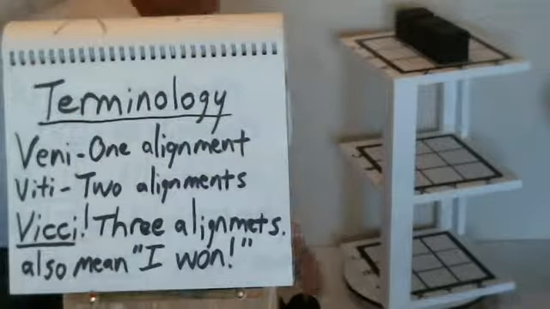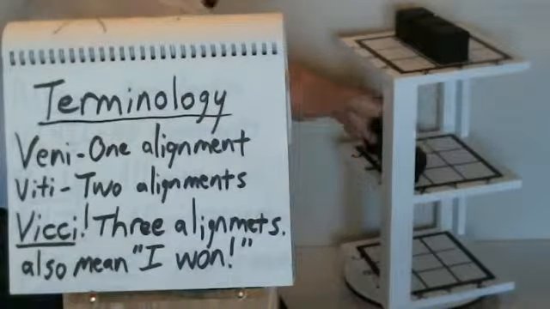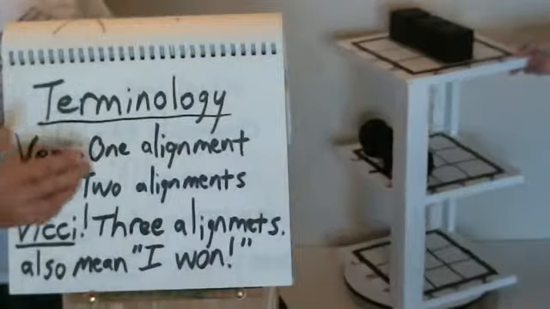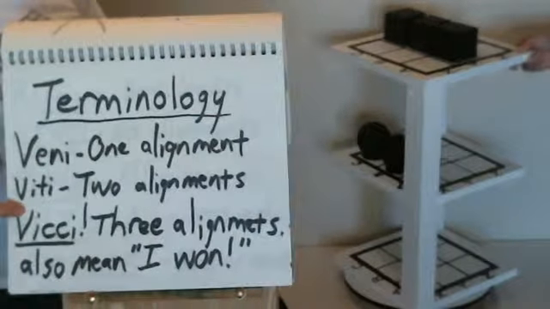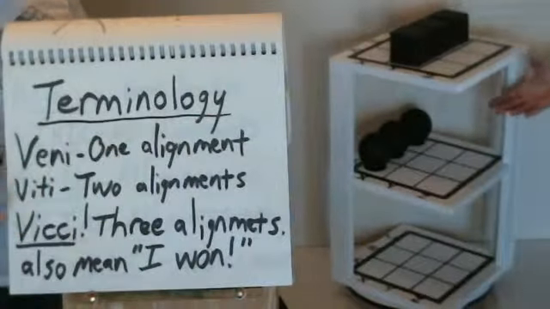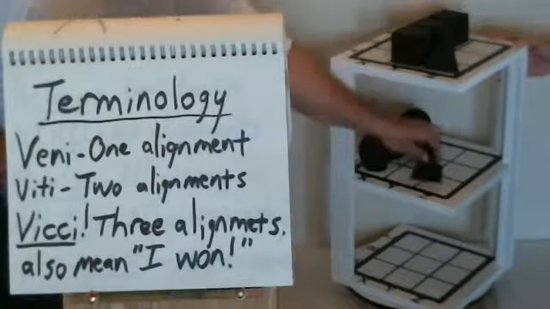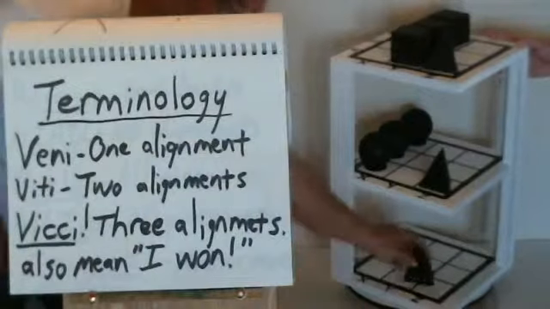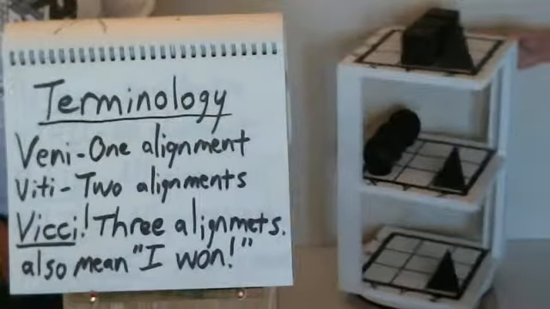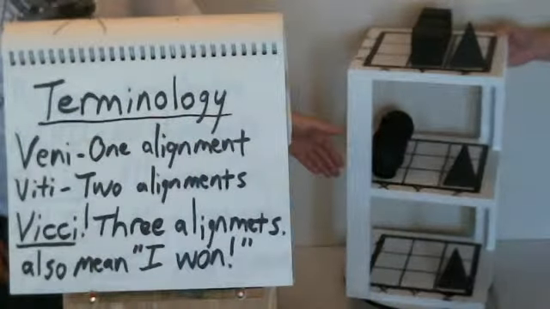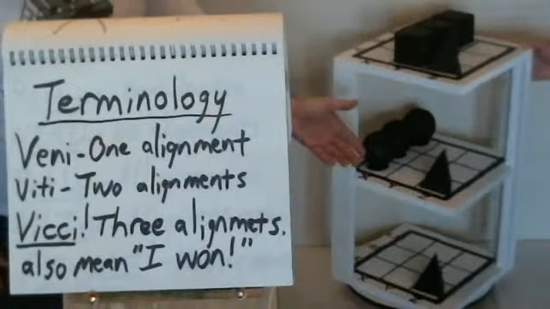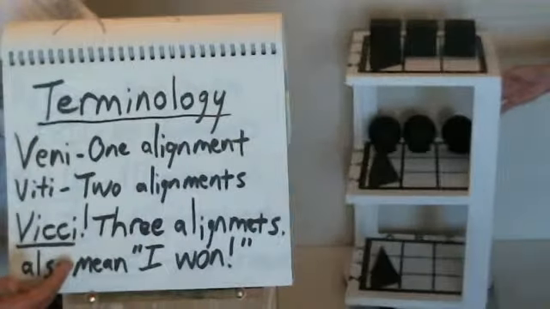When you have 2 alignments, you would then say viti, meaning 2 alignments. And if indeed you score 3 alignments, you would then say I have 3 alignments, and at the same time say I win by declaring vici.